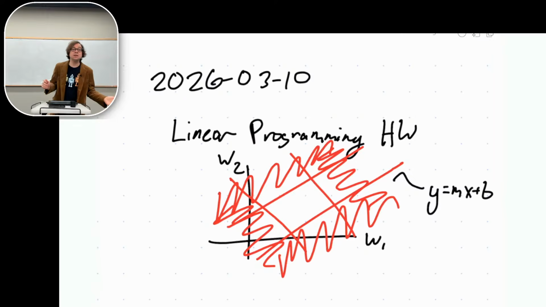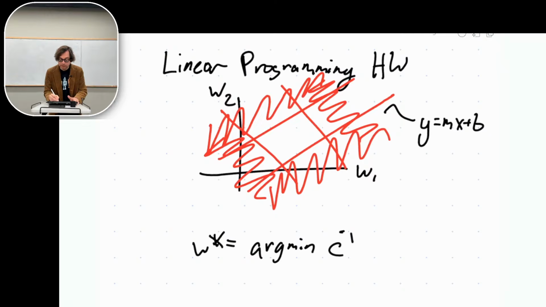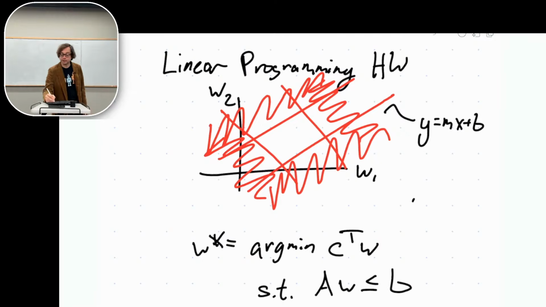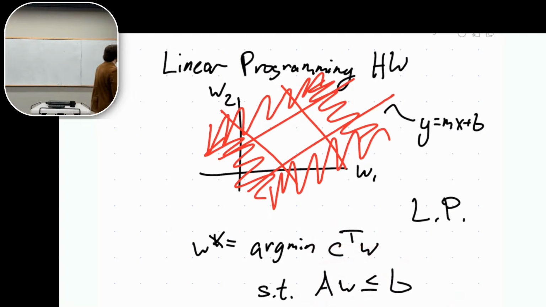Those are linear constraints, and you can turn them into constraints for your linear programming problem, which looks like this: w star is the argmin of c transpose w, subject to A w less than or equal to b. That's your linear program, LP. It's got a linear cost and linear constraints.